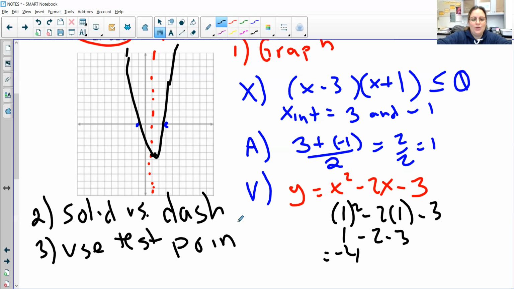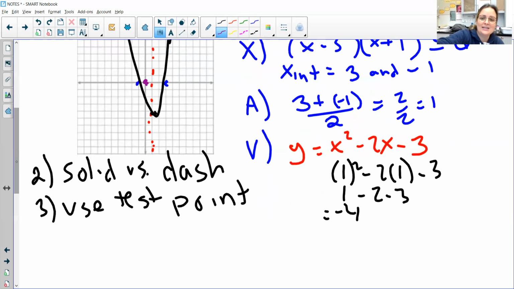So just like we would with a linear inequality, we're going to substitute a test point in for x. I am always going to use that 0 test point, the (0, 0), as long as it's clear where it is. So 0 equals 0 squared minus 2 times 0. Sorry, I'm using the wrong orientation.